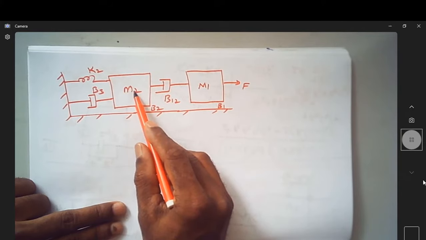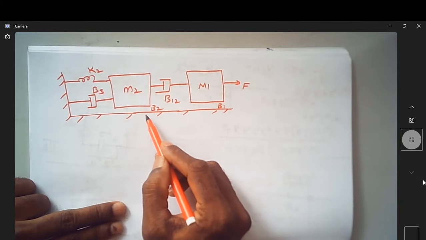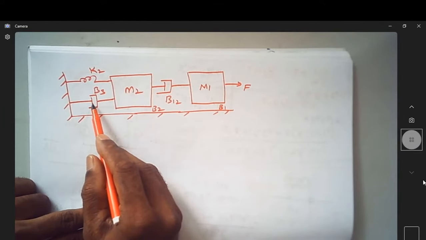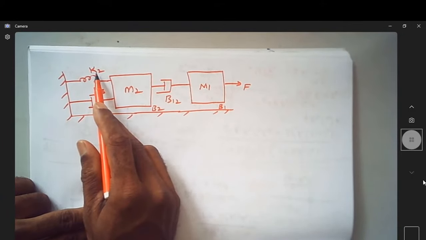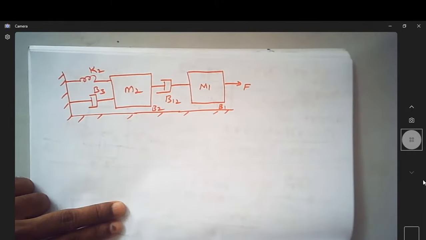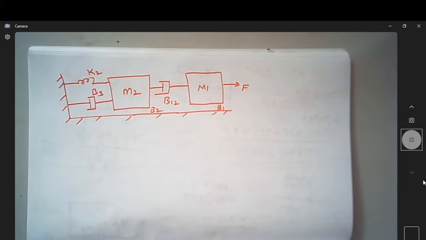Of course, m2 has a friction b2 with a rigid surface, and it also has a friction with the rigid surface which is b3, and there is a spring constant k2 connected to the rigid surface.